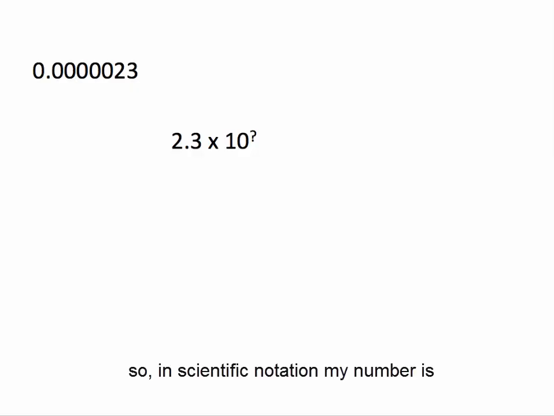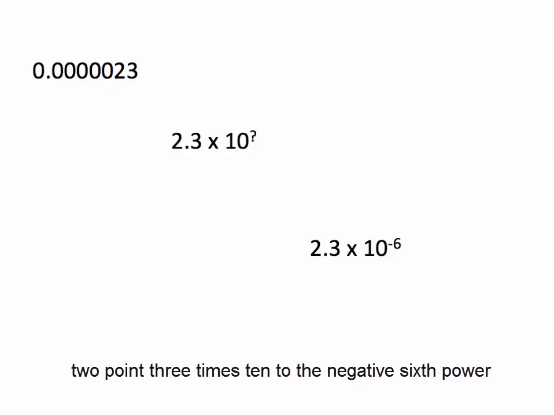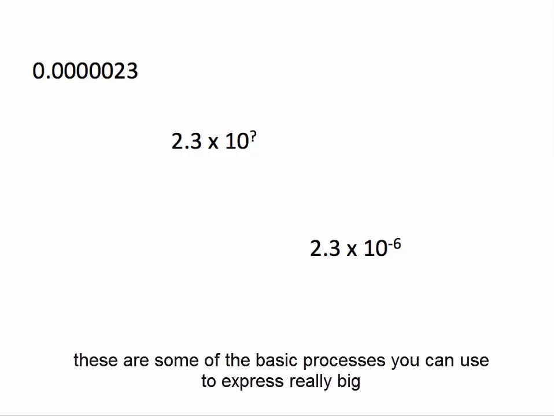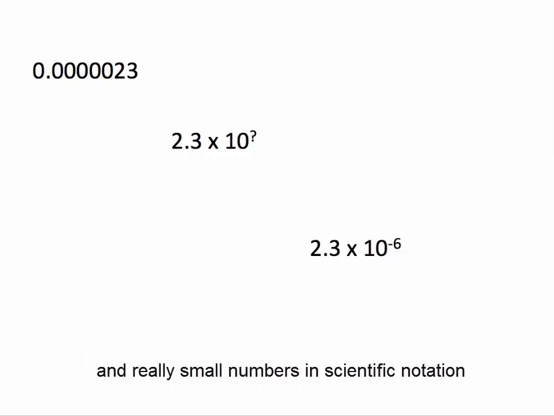So in scientific notation, my number is 2.3 times 10 to the negative 6th power. These are some of the basic processes you can use to express really big and really small numbers in scientific notation.